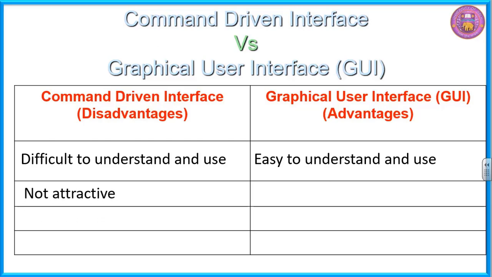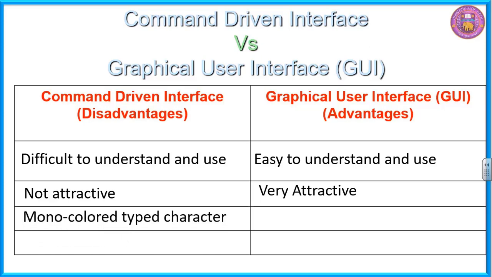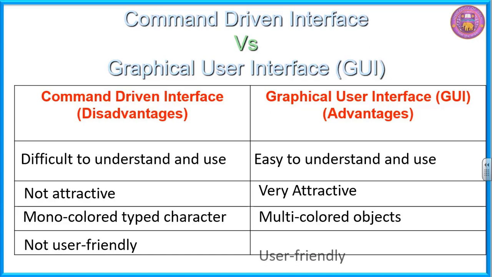Command-driven interfaces are not attractive looking. Graphical user interfaces are very attractive in look. Command-driven interfaces are monocolor typed characters, whereas graphical user interfaces are in multicolored objects. Command-driven interfaces are not user-friendly, whereas graphical user interfaces are user-friendly.